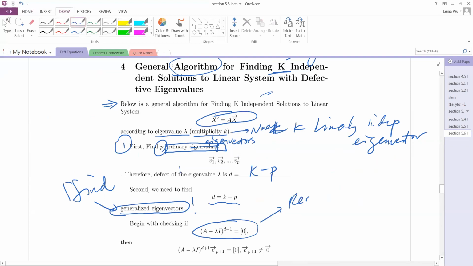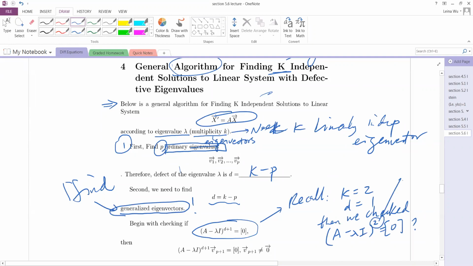Let's recall the case when k equals 2, the one we talked about last lecture. The defect will be 1, right? Then we checked if A minus lambda I squared equals the 0 matrix. So the square over here is just d plus 1. Make sense?